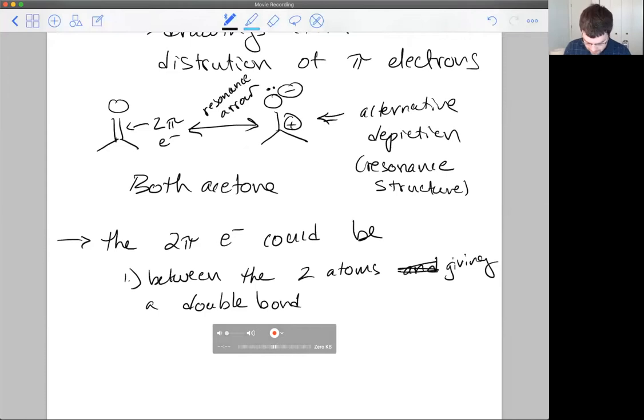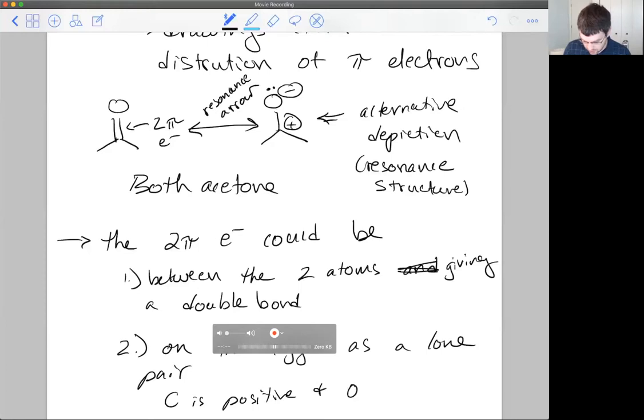Alternatively, they could be on the oxygen as a lone pair. If we put them on oxygen as a lone pair, then C is positive and O is negative.